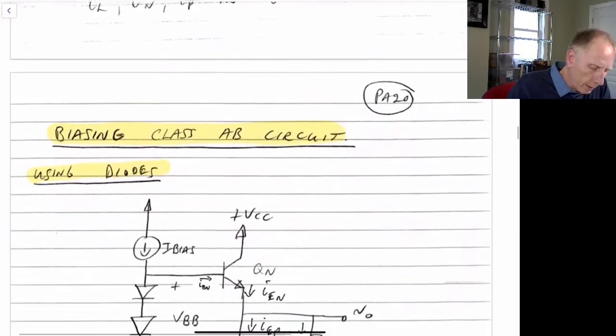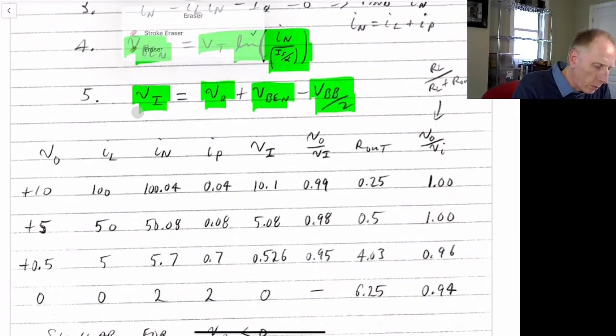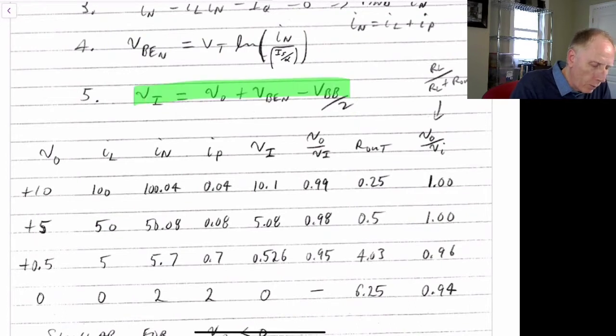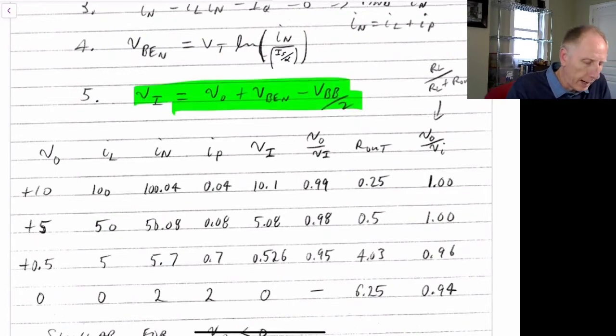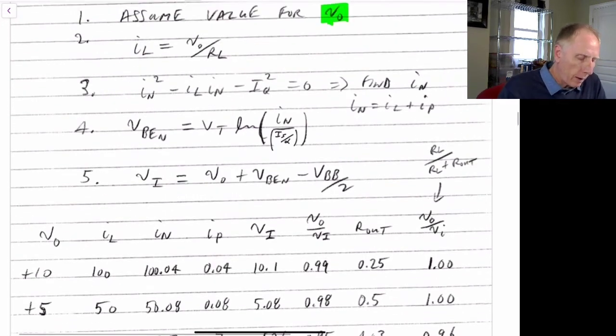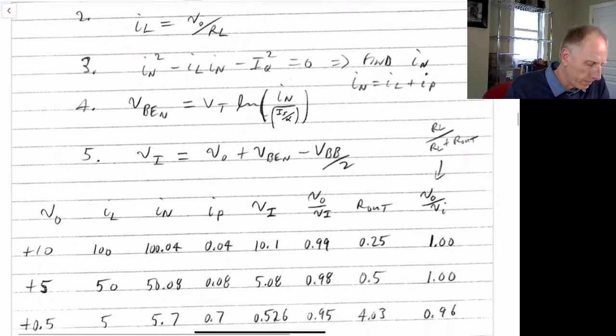So we can use this equation. Once we know the VBEN, we can use this equation to find VI. And Rout we have from the equation before in the notes.